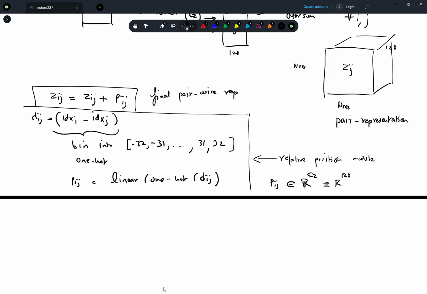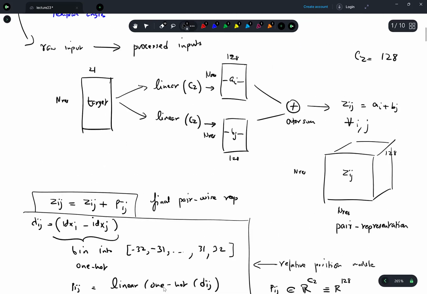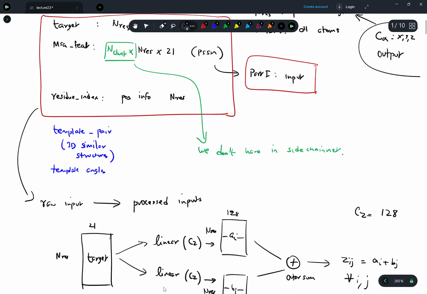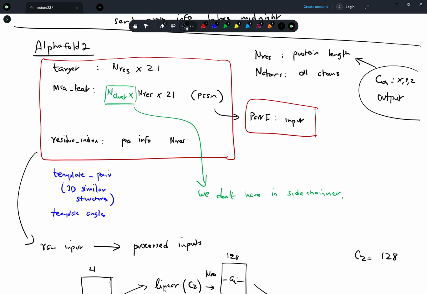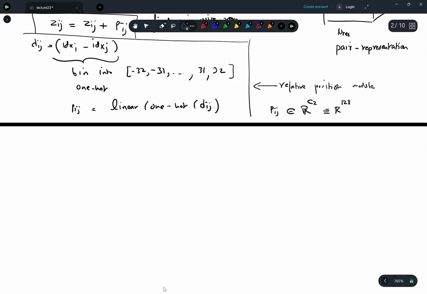The other input is the one where we are lacking one of the dimensions, which we'll see. The input technically should be n clust by n res by 21. This is the MSA features, the MSA representation. The input is actually n clust by n res by at least 21, or they technically have more features.